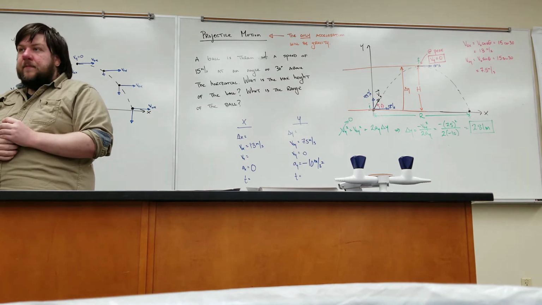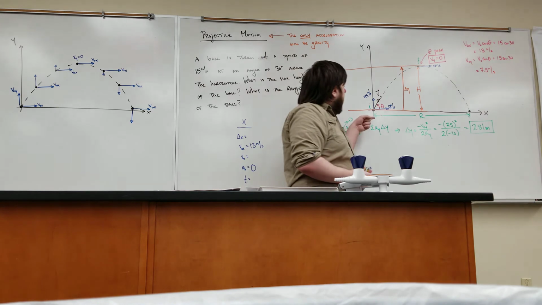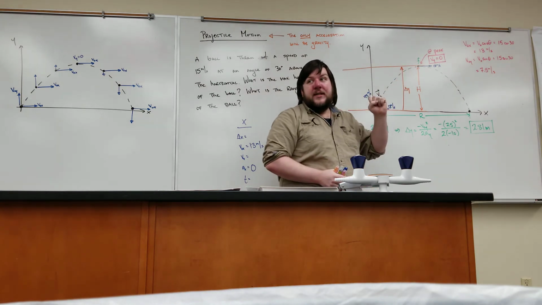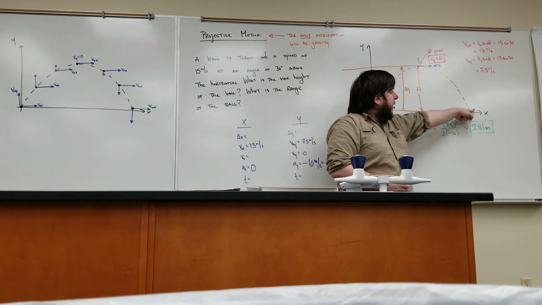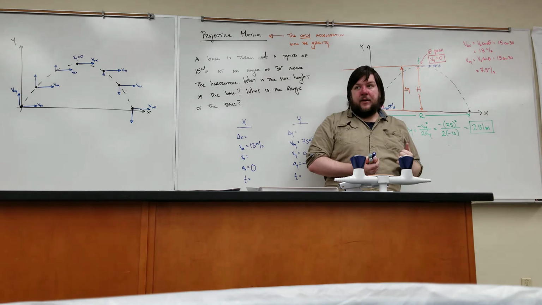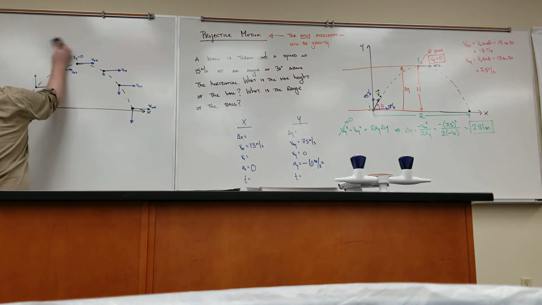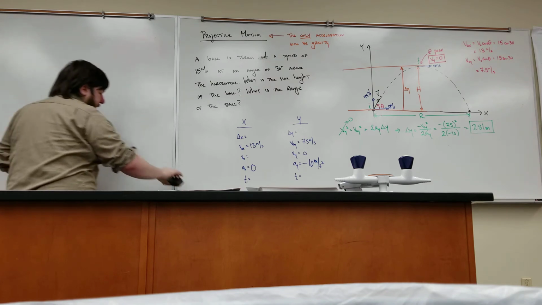So shift, you said shift. That's one way that you can do it. You can solve for the first part of the range from I to F, and then you can solve for the second part of the range by putting I here and F here. And then you would add those two numbers together. That you could do. What I'm going to do instead is I'm just going to shift the window to include the entirety of the range.